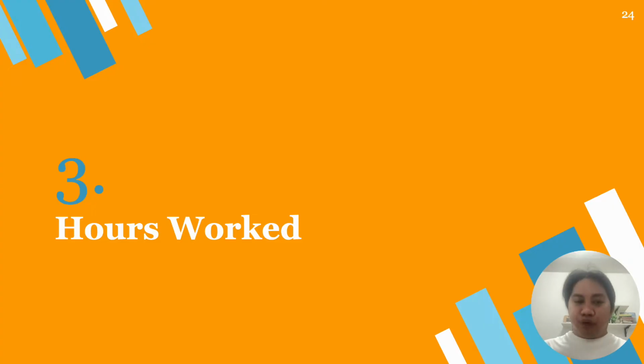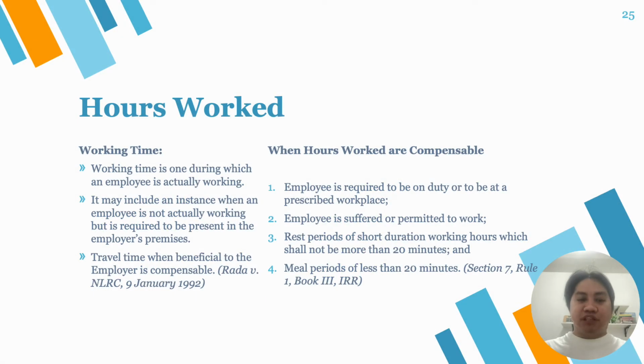Now, we finished hours worked. When you say working time, it is one during which an employee is actually working. So it may include an instance when the employee is not actually working but is required to be present in the employer's premises. And travel time, this is like a recap, travel time when beneficial to the employer is compensable.